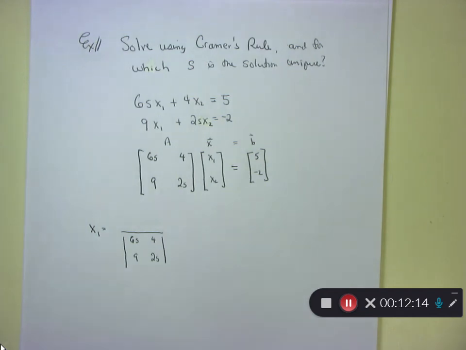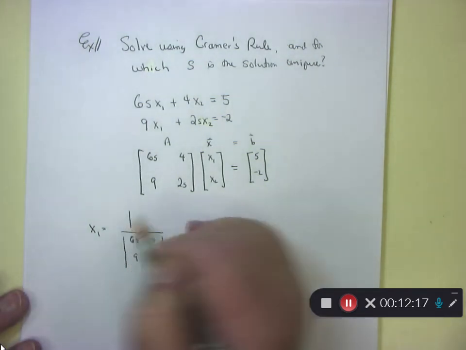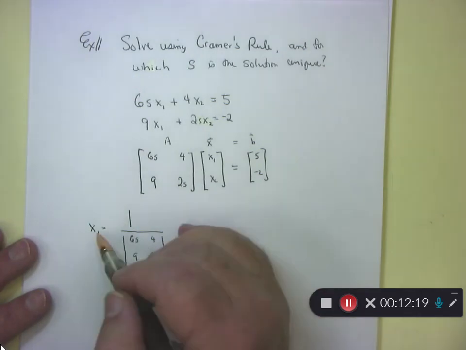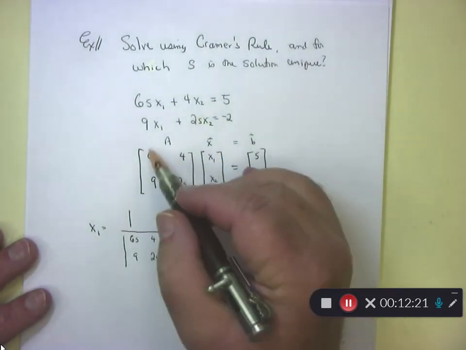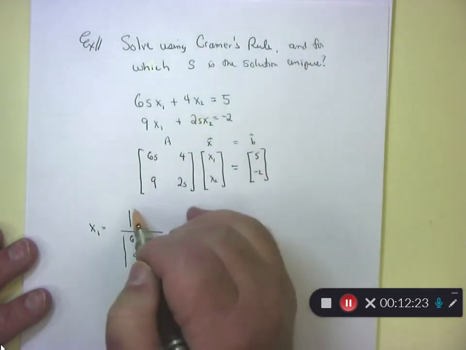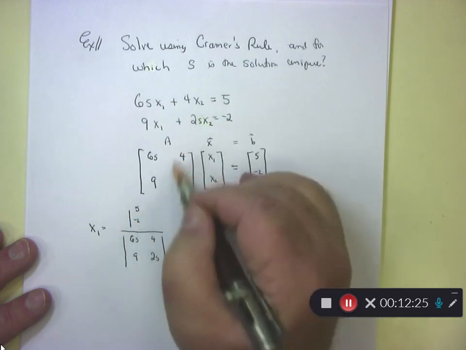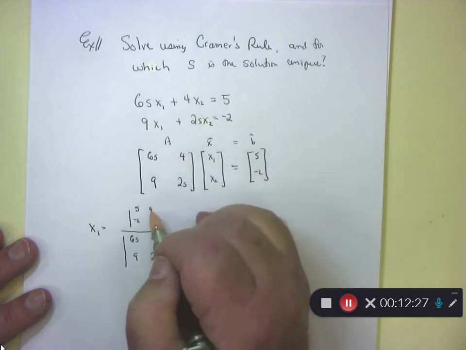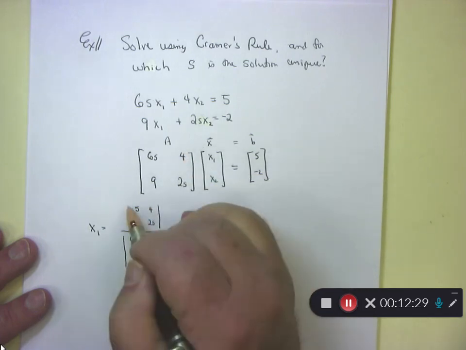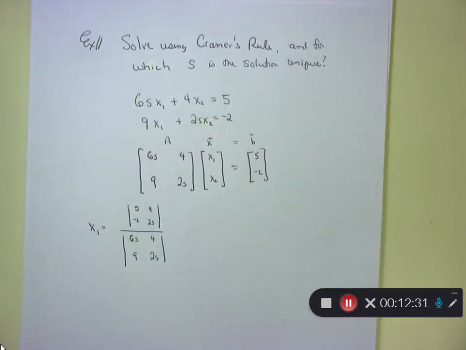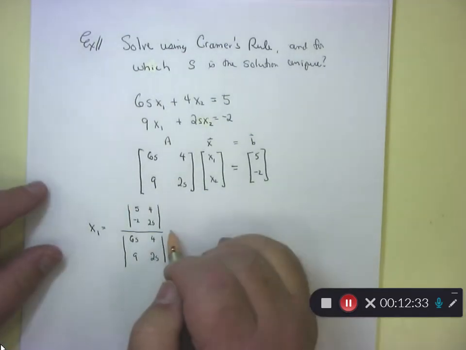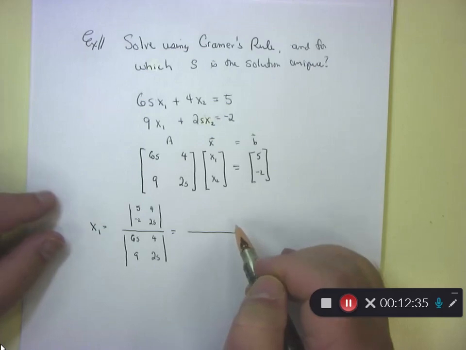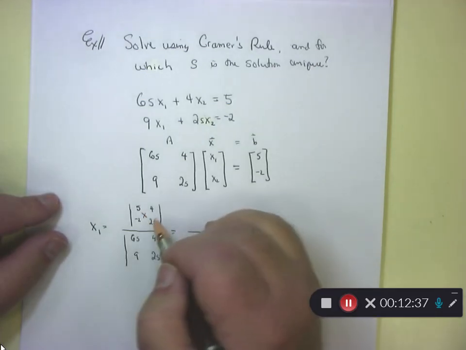But for the numerator, we end up getting this. Because we're solving for x1, you replace the first column with the b column, 5, -2, but the second column of A would stay the same, 4, 2s. And let's go ahead and get that solution here. So main diagonal minus off diagonal.